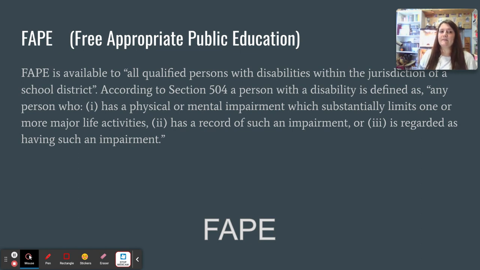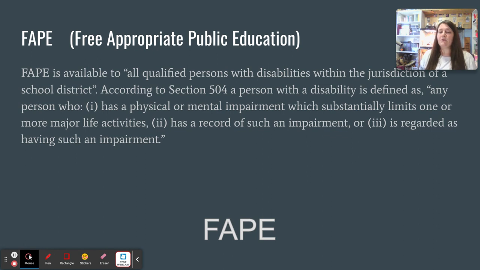When we looked at IDEA, it had helped FAPEs under that. There's close to 7.5 million children that are now included in public schools and in gen ed settings. 66% of those students are now in the gen ed classroom for at least 80% of their day.